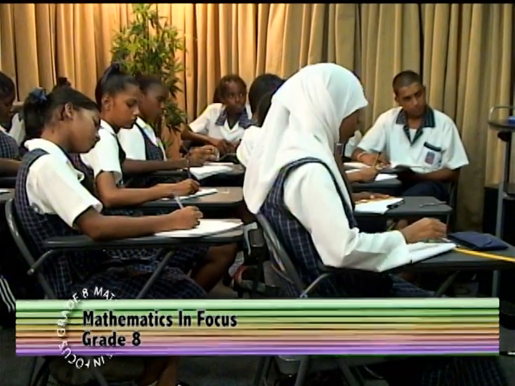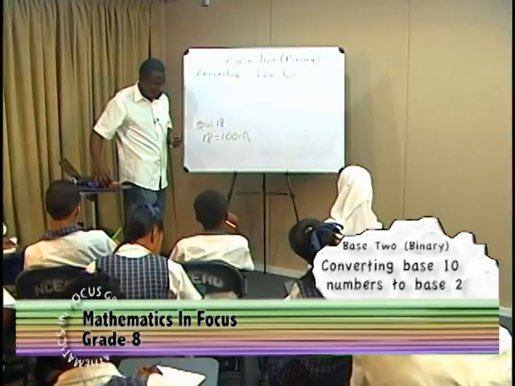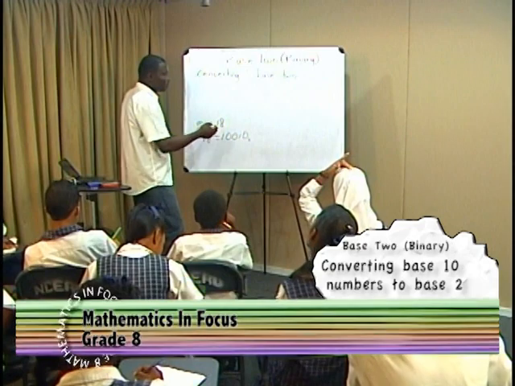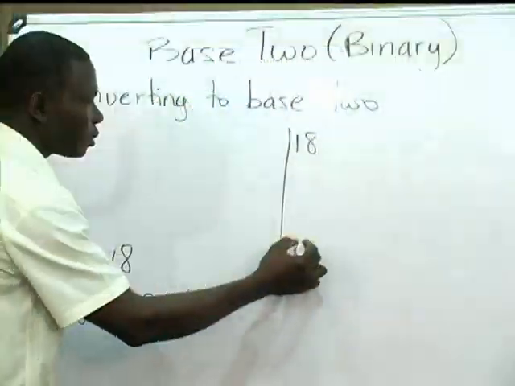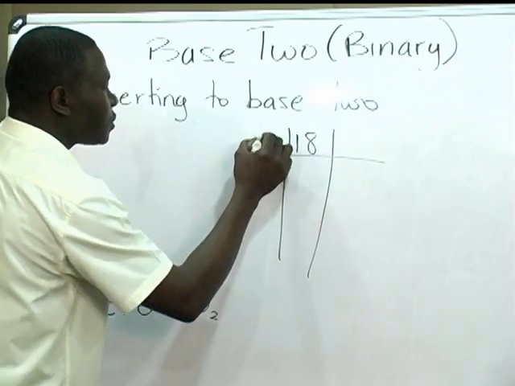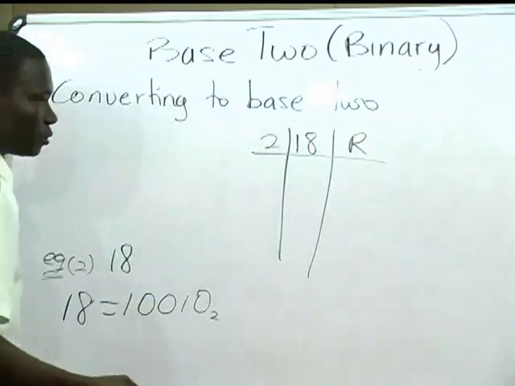Now, what you will observe is that whichever of the two approaches you use, you will get the same answer. But it's just that sometimes this approach is a much faster one. So the base is 2 and we're converting 18, so we list our remainders.